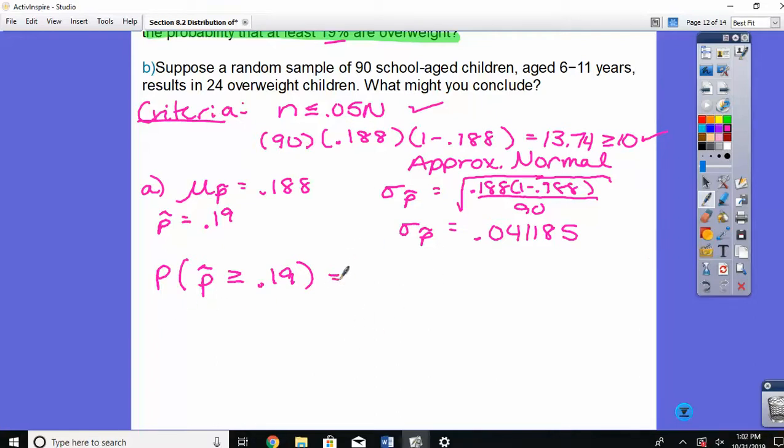So just like before, now we're back to doing all the same stuff. Change it to a z. So you do your p hat minus your mean over your standard deviation.